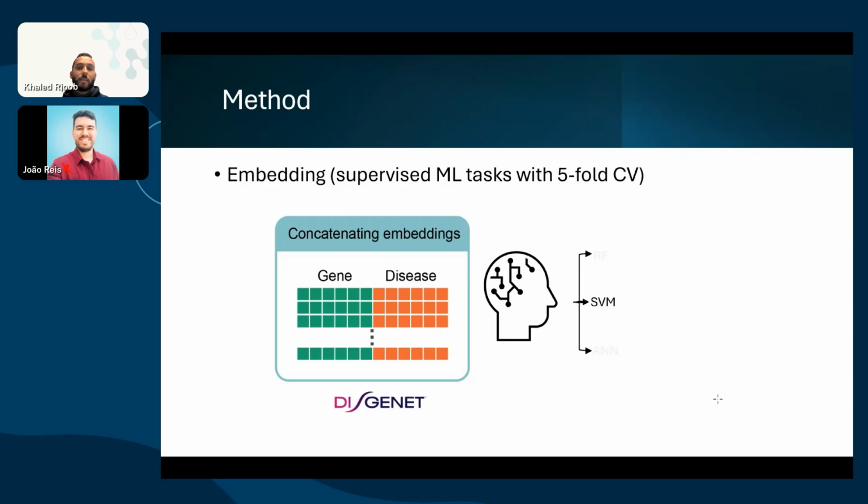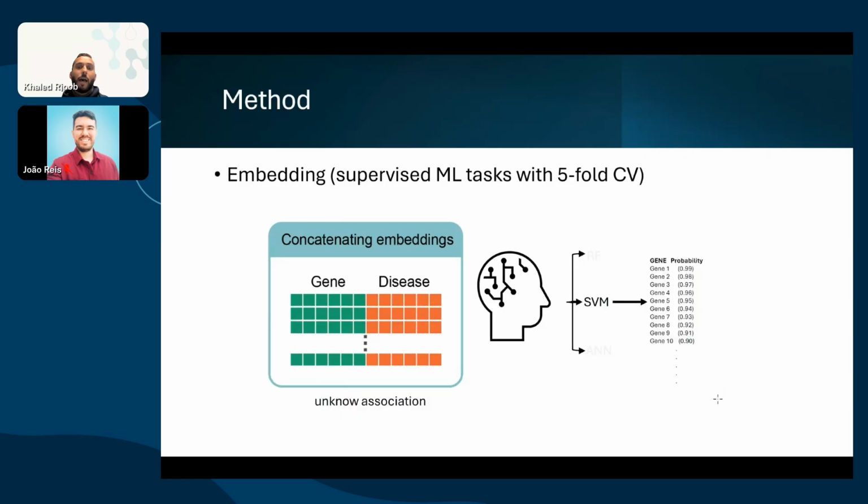For example, we picked support vector machine, and then we used the selected classifier to predict unknown association between a new gene and disease. We predicted those associated genes, and then we considered the top 10 predicted genes based on their generated probability to do the enrichment analysis, to validate those predicted genes to see if they're really associated with the disease or not.